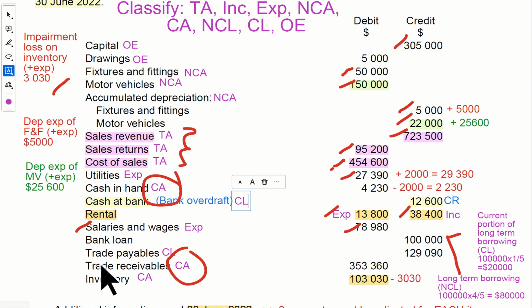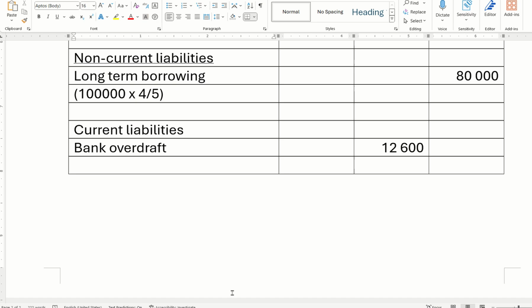Our other current liabilities, usually there's a trade payables current liability, and there we have a trade payable. I'm going to tick those that I have used so that I remember. The trade payables is 129,090.